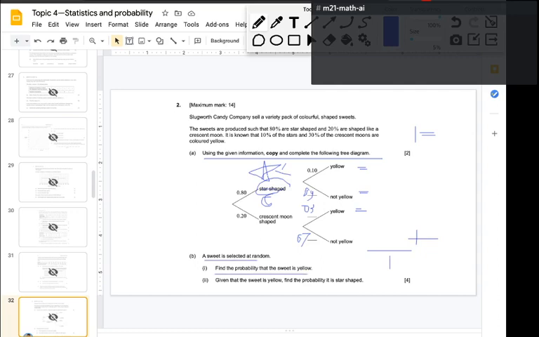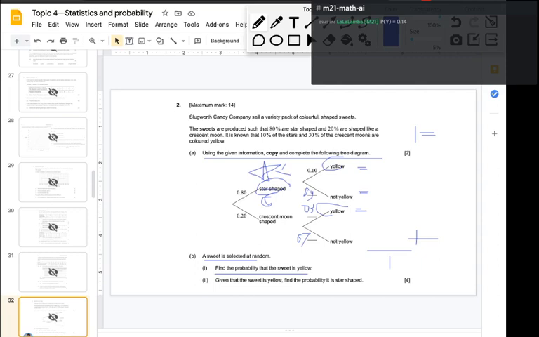So they want to find yellow, and yellow. You just multiply these and that would give you the result, and add them both up. And you get 0.14.